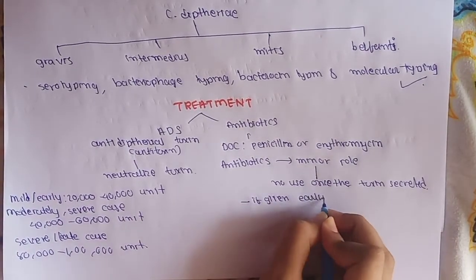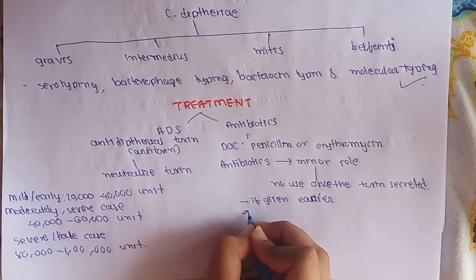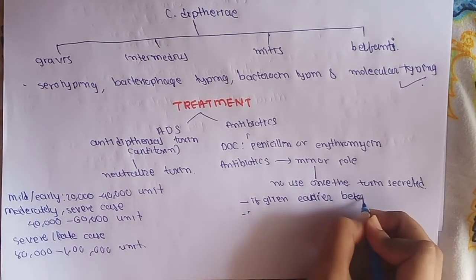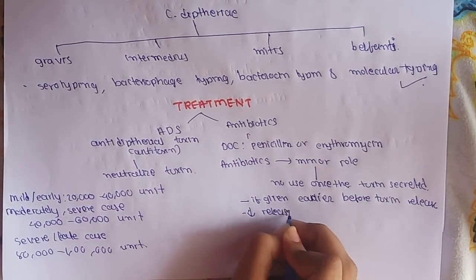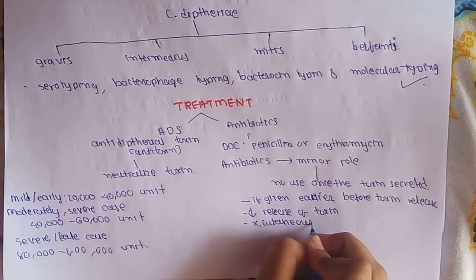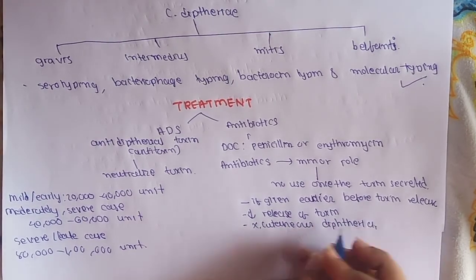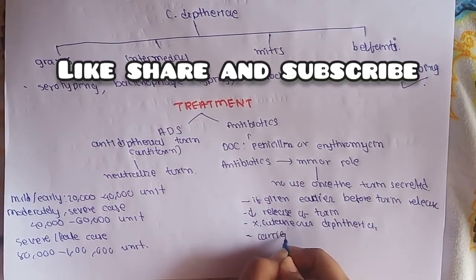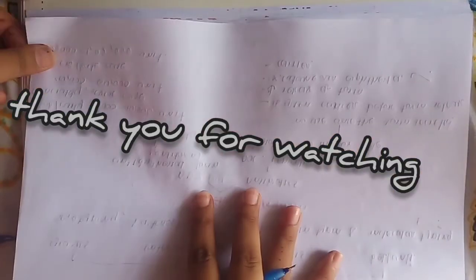If we give the antibiotic early, before the toxin release, then it is useful. It is also useful because it decreases further release of toxin by decreasing the Corynebacterium diphtheriae, and cutaneous diphtheria is caused by the bacteria only. That's why the antibiotic is useful, and it is also used for the carriers.